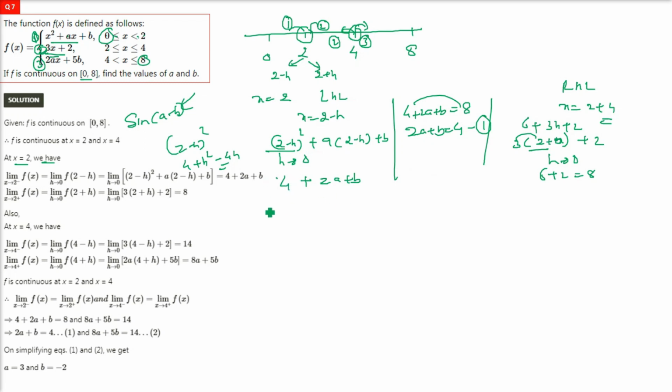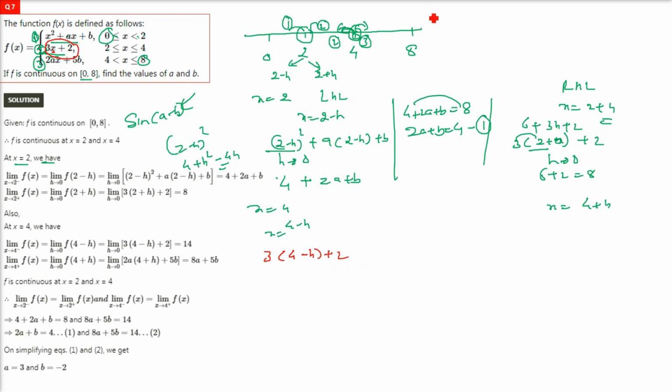The second linear equation we will get from x equals 4. Now the second point where the function actually changes is x equals 4. For the left hand limit we will put 4 minus h, and for the right hand limit we will put 4 plus h. But the functions will change. So for 4 minus h, on the left hand side of 4, we are going to take 3x plus 2, replacing x by 4 minus h.